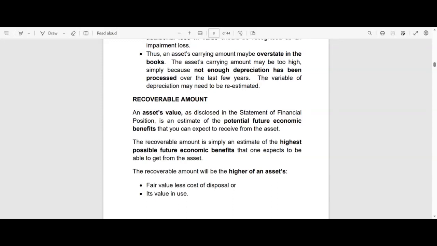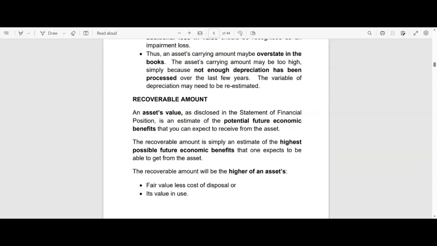So then we are going to look at the difference between our RA or recoverable amount and our CA or carrying amount. And only in that case are we going to write down an impairment loss. So we're going to debit our impairment loss expense account, and we are going to credit our accumulated impairment losses, or if you are using the combined account, accumulated depreciation and impairment losses account.